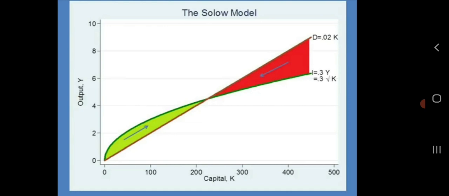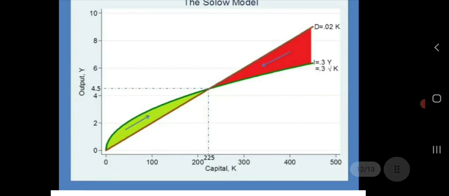In the green area, the capital stock is increasing, whereas in the red area, it is falling. You can see at a point there is investment equal to depreciation. This point is called the steady state. At this steady state point, the capital neither grows nor shrinks. At this point, you can invest solely to replace the depreciated capital.